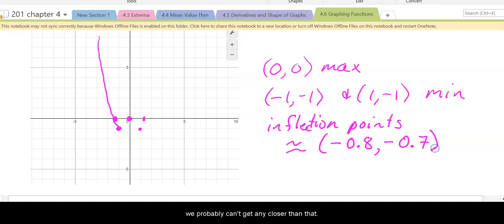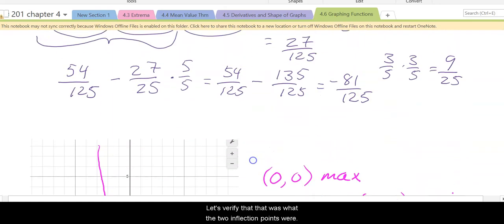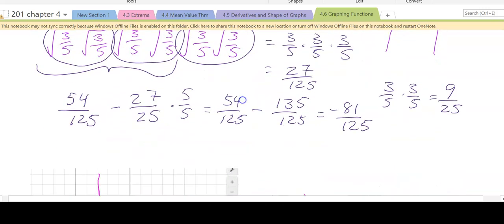We probably can't get any closer than that. The other one is at about +0.8, but also at -0.7. Let's verify that that was what the two inflection points were. Yes, both y values are about -0.7. The x values are same in magnitude, but opposite in sign.